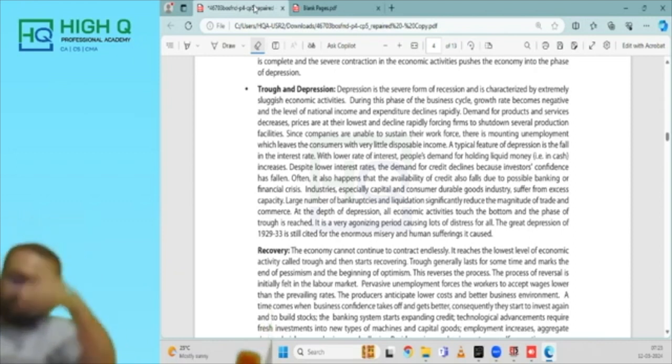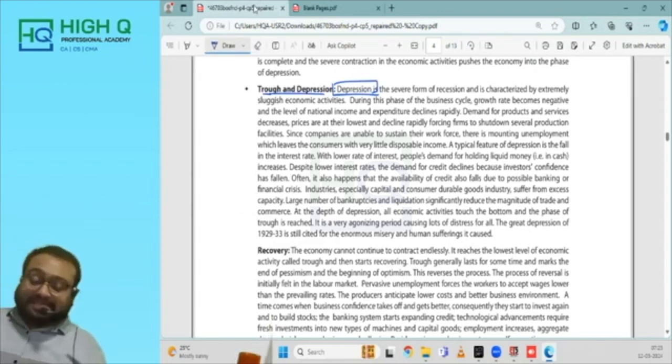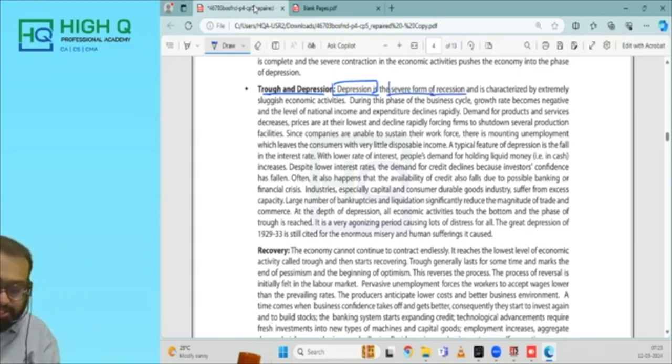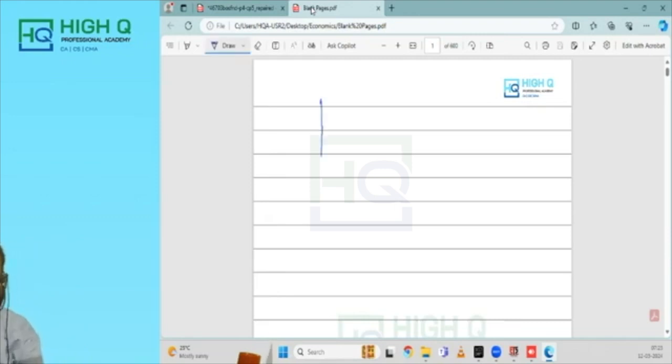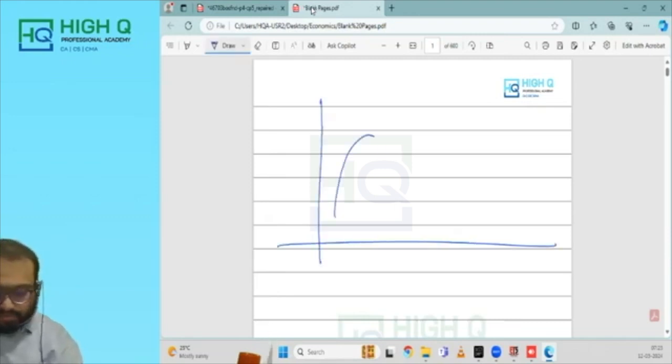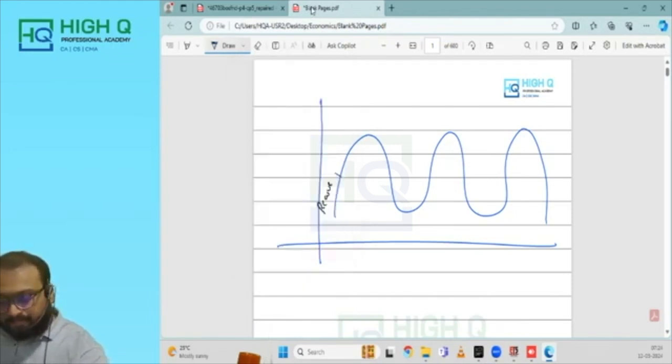Come. Trough and depression. Say yes or no. Depression is a very severe form of recession. See, listen to me. When we drew this chart yesterday, am I right? You told me, sir, this is the recovery phase. This is your expansion.